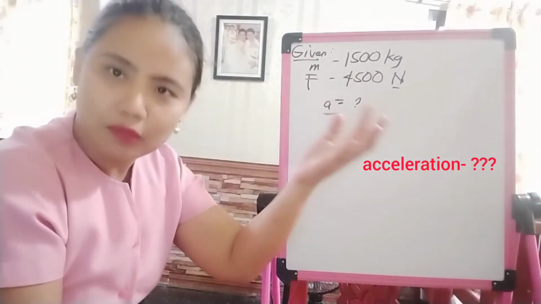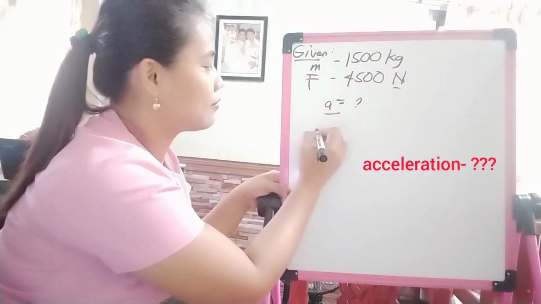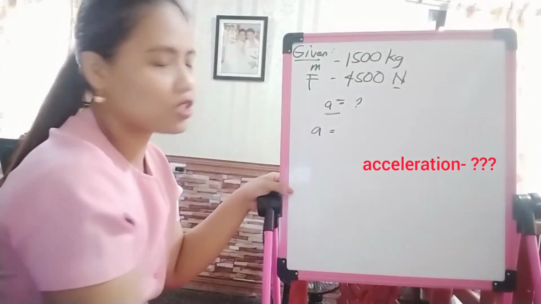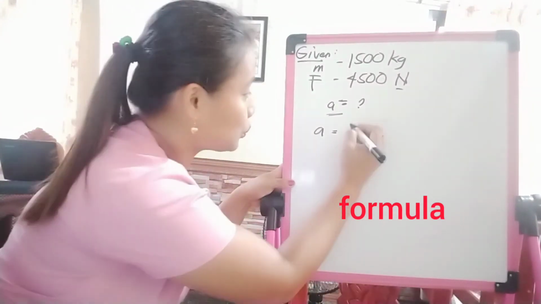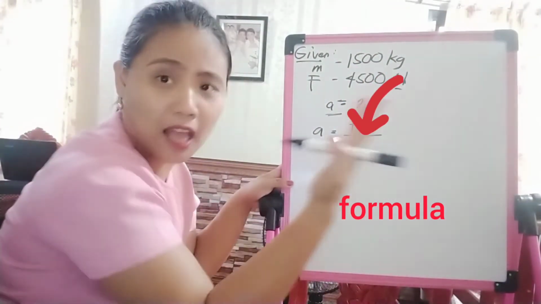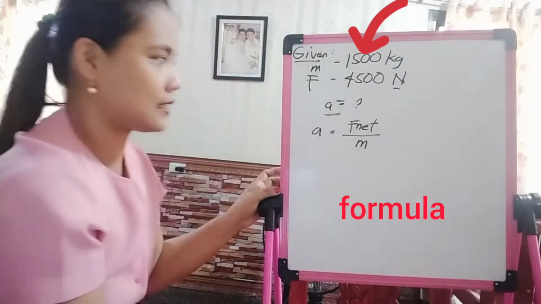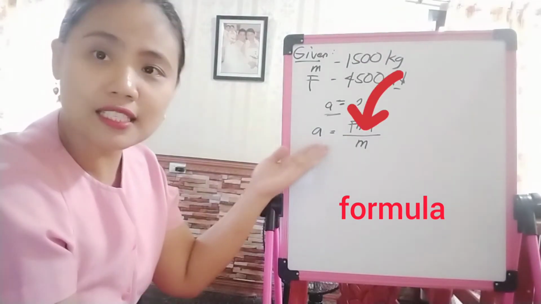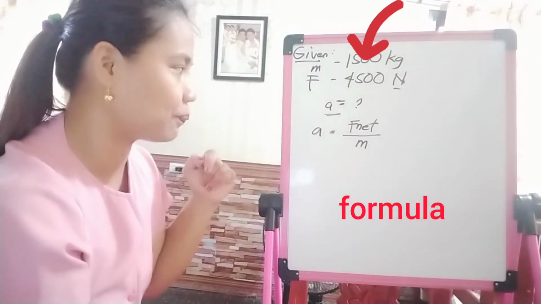On our previous discussion, we have learned that the formula of acceleration is equal to net force, or F net, the sum of all forces, divided by mass. Acceleration is equal to net force divided by mass.